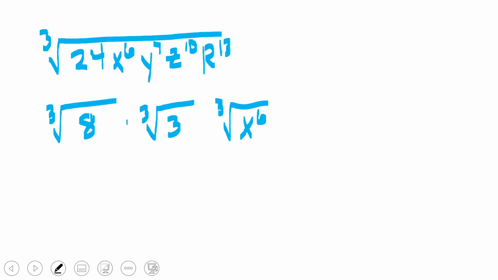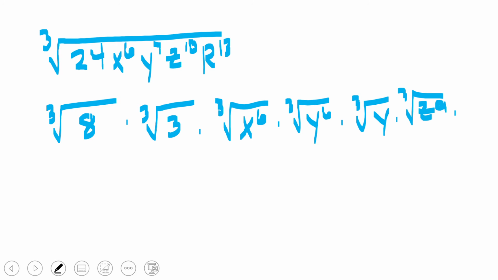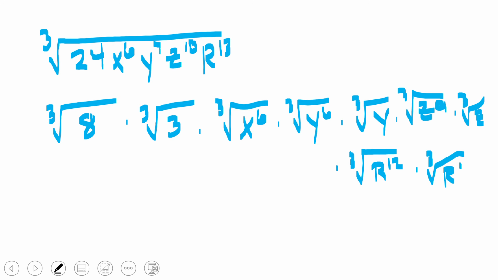We'll break out the y exponents: the cube root of y to the 6th, cube root of y, and then we're going to break out the z, so it's the cube root of z to the 9th times the cube root of z to the 1st, and then we're going to have times the cube root, ran out of room, of r to the 12th times the cube root of r to the 1st, or the r to the 13th.